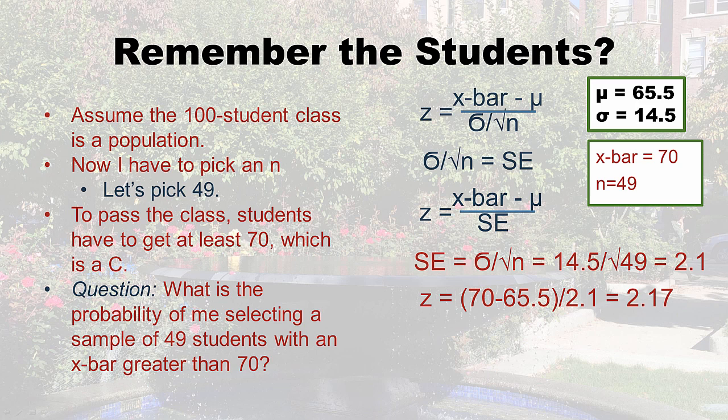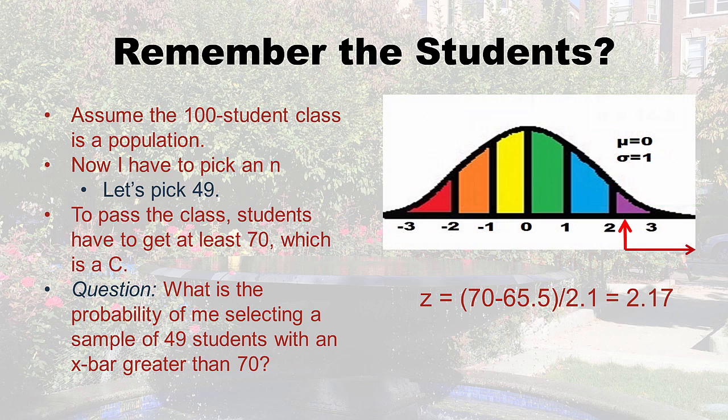So we're tempted to look that up, but let's look at our picture. So here's our z distribution. And what we're going for is this little piece at the top, right above 2.17. So that's a little piece, so we've got to look for that, right? Let's go look. Because we're going for the piece at the top, we're going to use the opposite z.